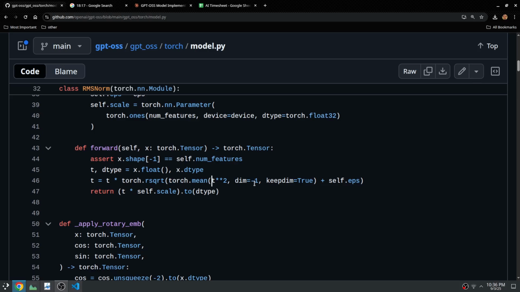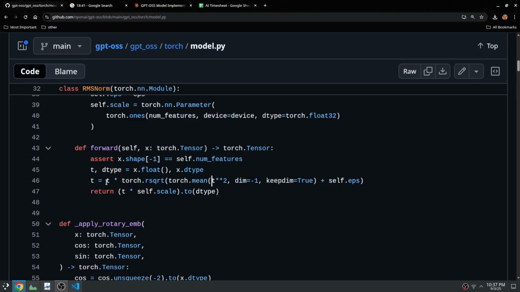And this -1 inside dimensions means it auto fills the dimension thing. And keep dims equals true. That's like if it was going to collapse from, just say, a 2D tensor to a 1D scalar. If you put keep dims as true, then it'll just keep it as a 2D tensor.